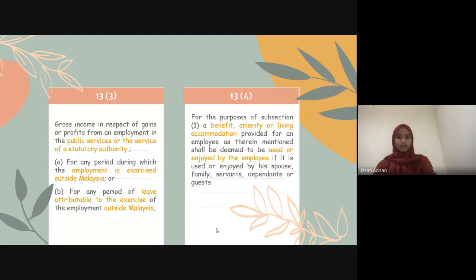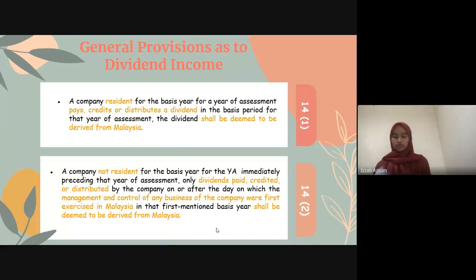Section 13, subsection 4: for the purpose of subsection 1, a benefit, amenity or living accommodation provided for the employee shall be deemed to be used or enjoyed by the employee if it is used or enjoyed by his spouse, family, servants, dependents or guests.